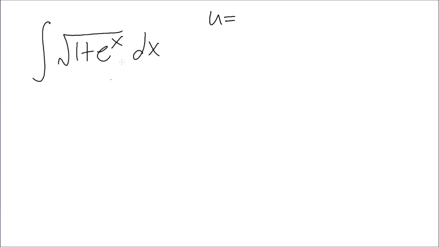We could do a forced U-substitution, so maybe let u equal 1 plus e to the x, right? But then you would have to solve for x, and it'll be a hassle. However, this is kind of a sneaky way to see this: if you just differentiate, you get du equals e to the x dx, right?